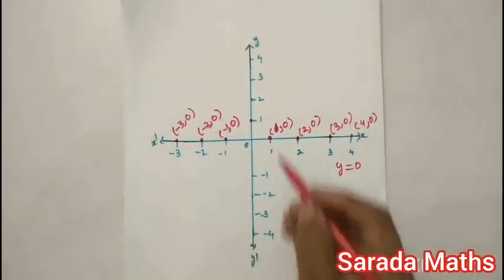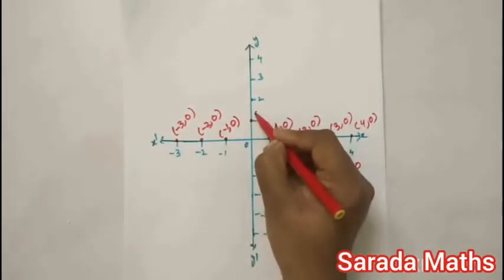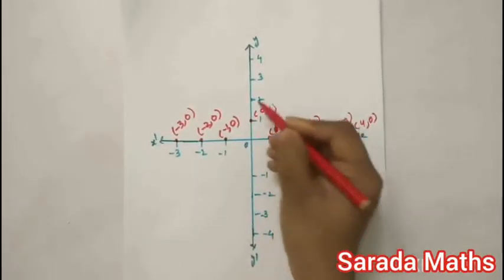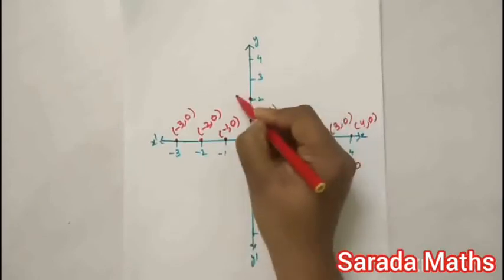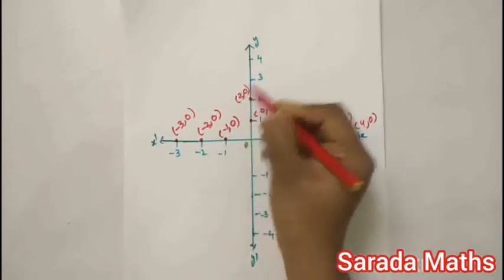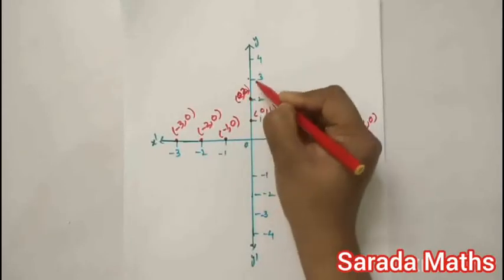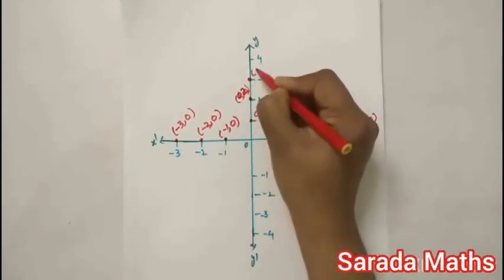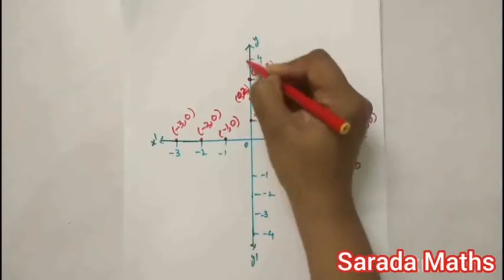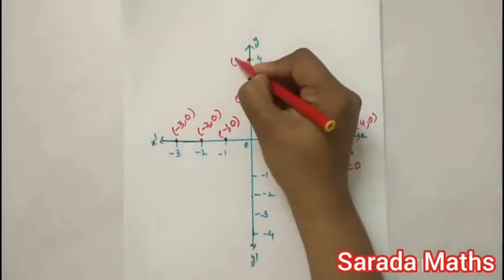The point will be 0, 1. Is it not? Here it will be 0, 2. Here it will be 0, 3. Here it will be 0, 4.